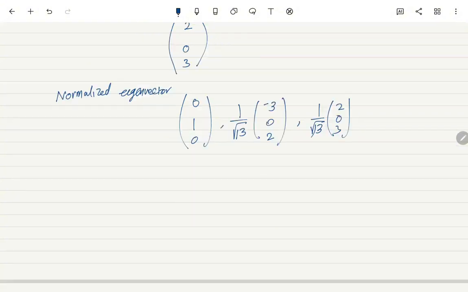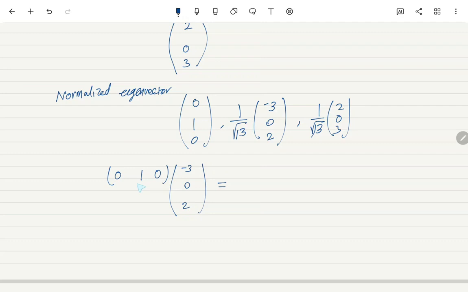To prove that the eigenvectors are orthogonal, if we multiply two eigenvectors together and get 0, then they are orthogonal. So 0, 1, 0, if we multiply it by minus 3, 0, 2, there's no need for the normalization factor in here.